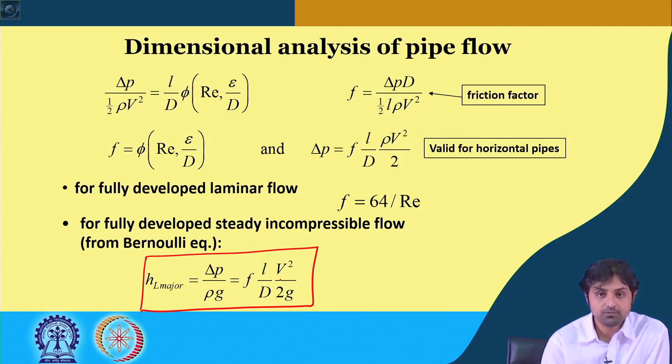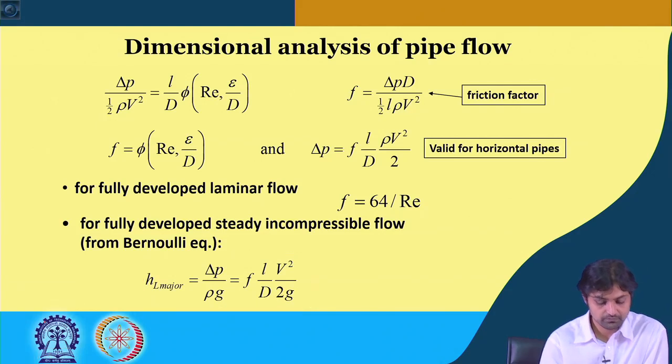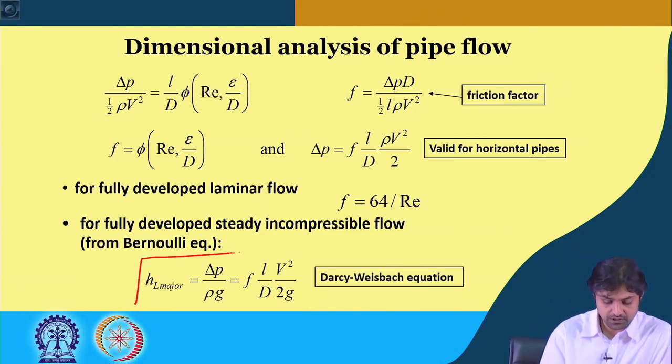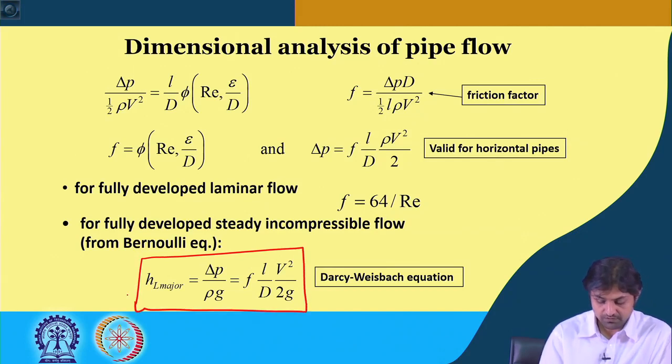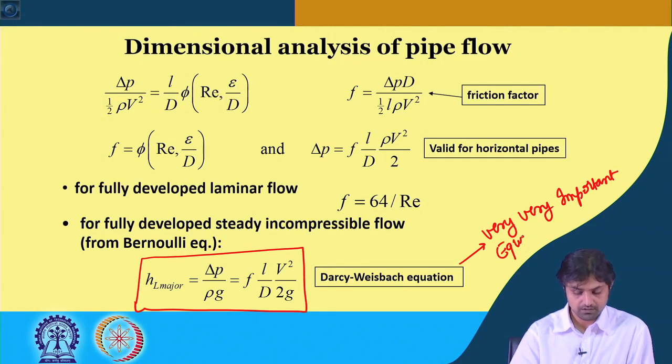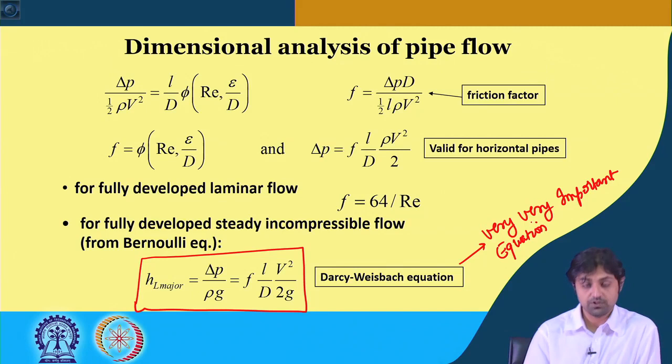So for the major head loss, L we know, D we know, V we know, and G is a constant. Again the problem is we still don't know F, but we know it's a function of Reynolds number and epsilon by D. This particular equation is called the Darcy-Weisbach equation, a very, very important equation for the major head losses in the pipe.